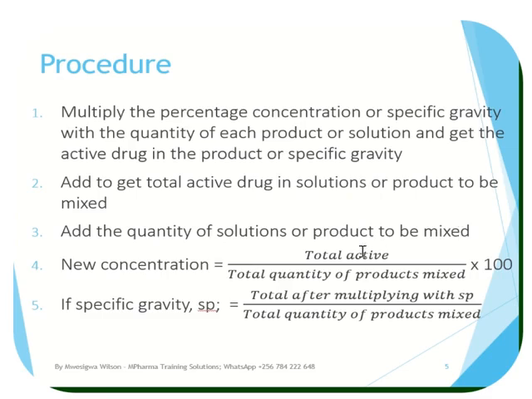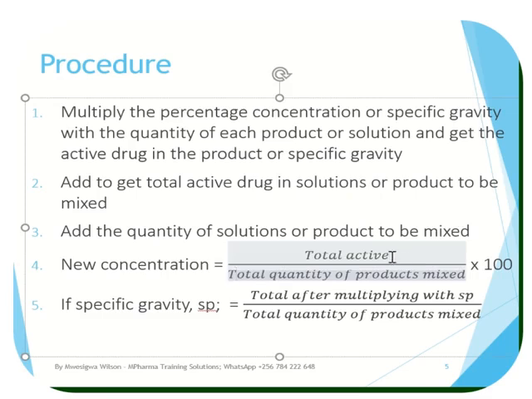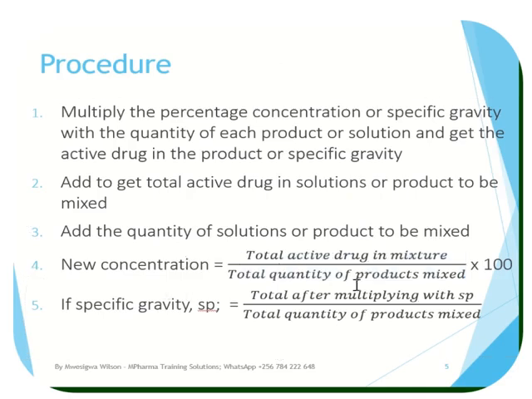So now the new concentration of the mixture is just the total of the active drug in the mixture divided by the total quantity of the products mixed.